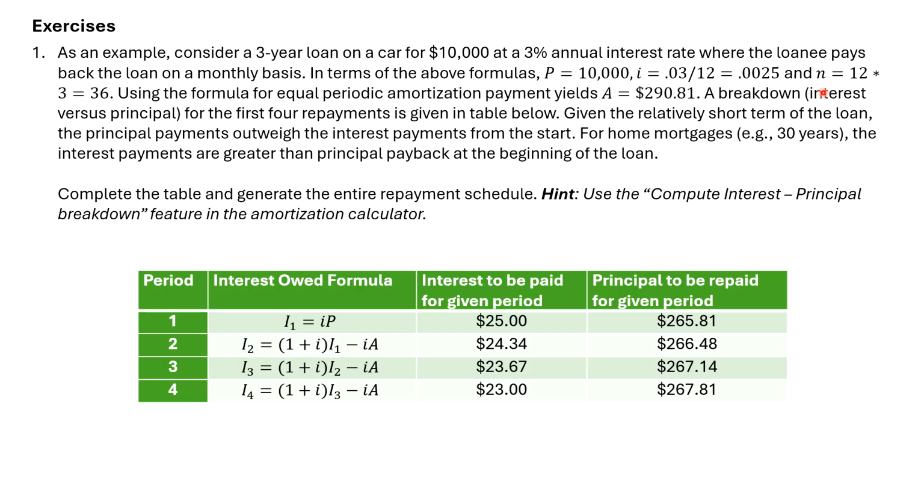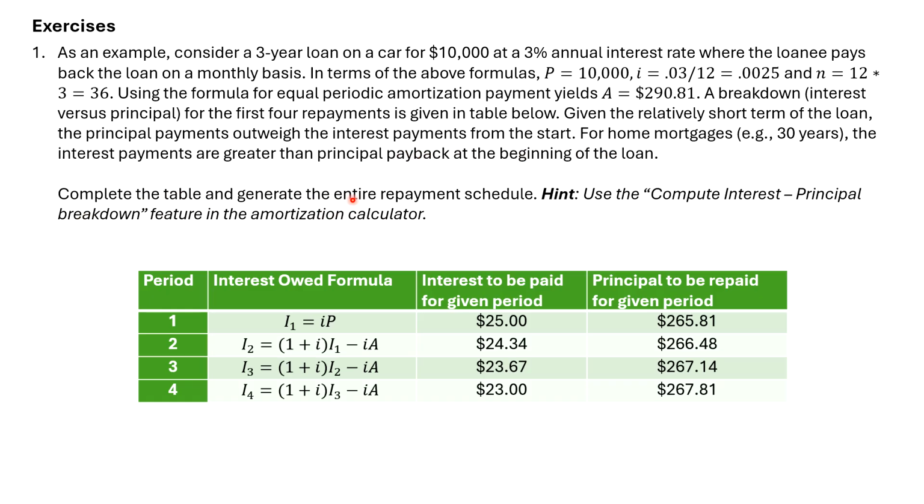A breakdown, interest rate versus principal for the first 4 payments, is given in the table below. So this is what I had done in the previous lesson. Given the relatively short term of the loan, the principal payments outweigh the interest payments from the start. For home mortgages, as we just saw, the interest payments are greater than principal payback at the beginning of the loan.